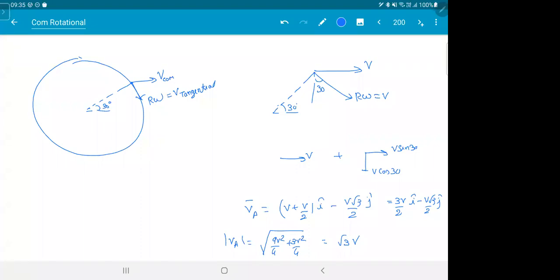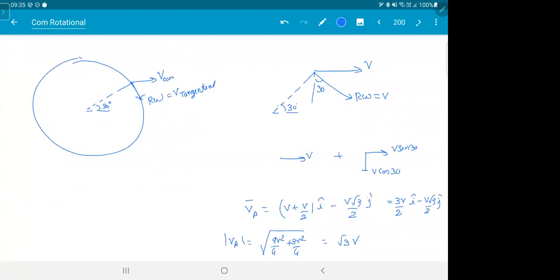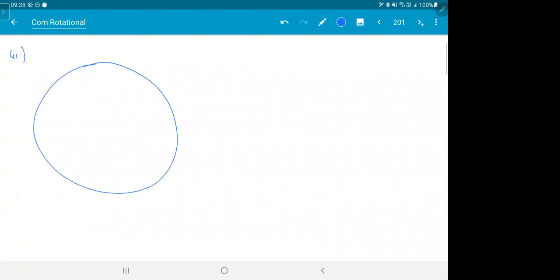Next one. The center is going with V. And this point is going with omega backward, 2V by R. This is point A, this is point B, this is point C, this is point D, this is point E with a 150 degree.